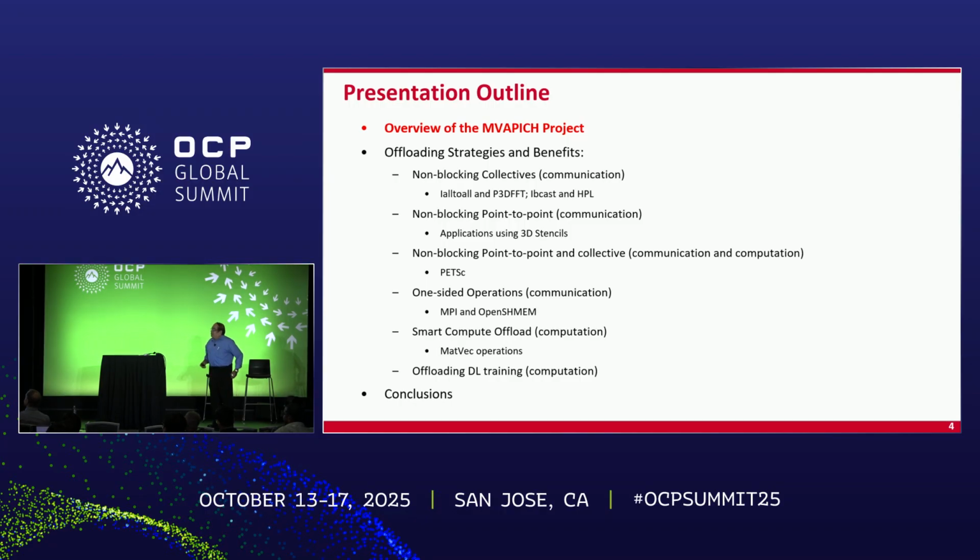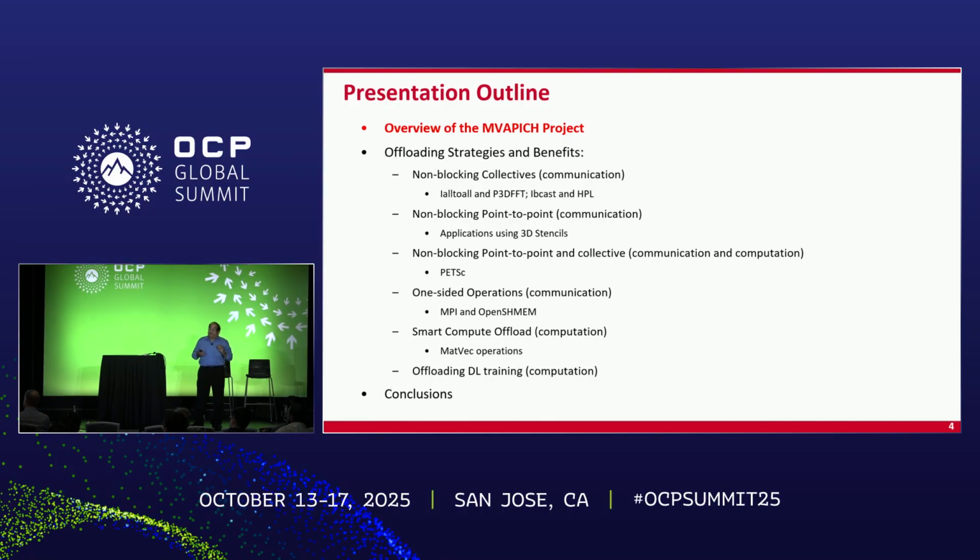So, this will be an outline. I will start with one of the projects which I have been leading for the last 25 years. It is called the MVAPICH MPI library project. I do not know how many of you know that. If not, I will introduce that in my next slide. Then over the years, we have done a lot of different kinds of offloading strategies, so I will go into some of these strategies as well as benefits. I will start with some MPI-level non-blocking collectives, focusing on communication.